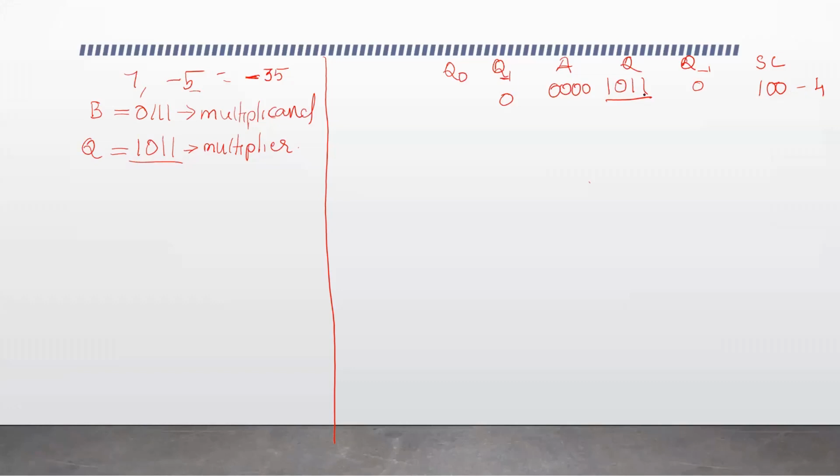We have 4 bits in the multiplier, so we initialize it to 4. That is 1 0 0.